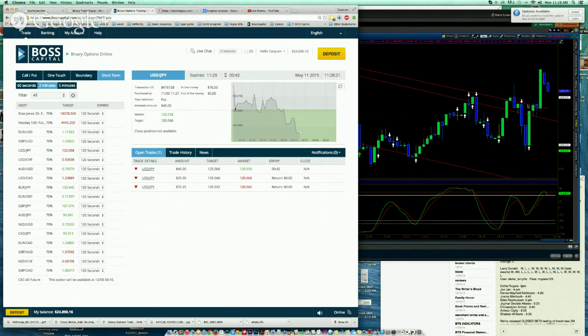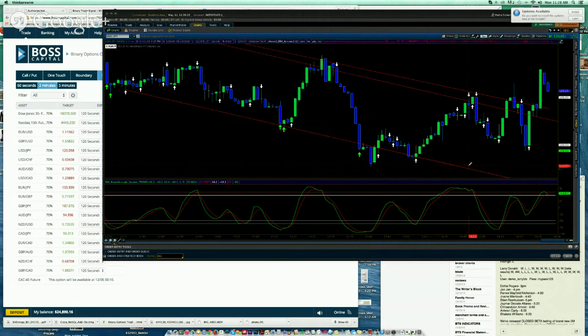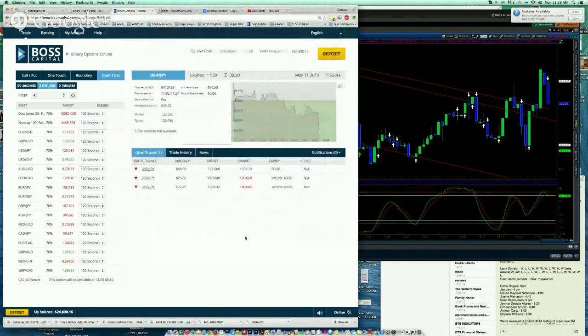I'm strictly using support and resistance. These are support and resistance lines right here. This right here is considered support. This is considered resistance. Every time it touches support, it goes up. Every time it touches resistance, it comes down. There it goes, the dramatic drop that we were looking for.